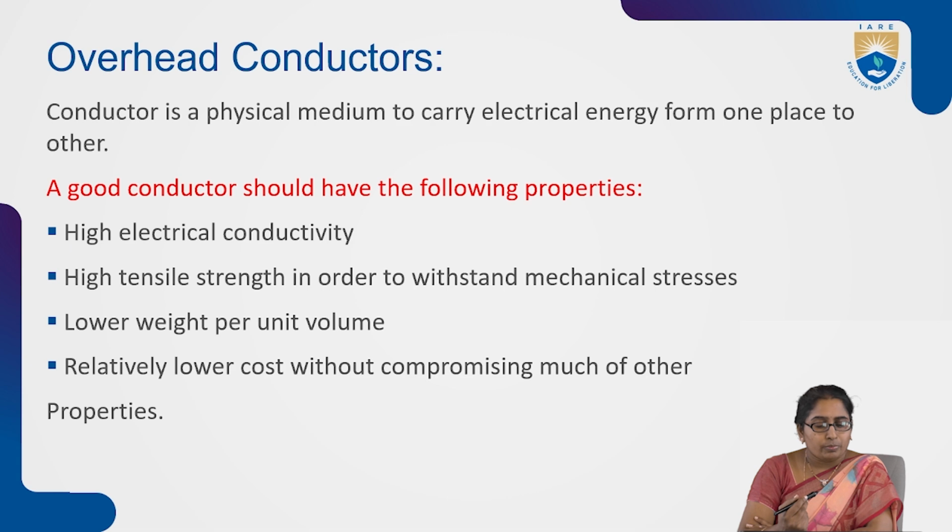Next, a good conductor should have the following properties. Whatever conductor is used in transmission lines, it must have a few properties. First, high electrical conductivity. Second, high tensile strength in order to withstand mechanical stresses.